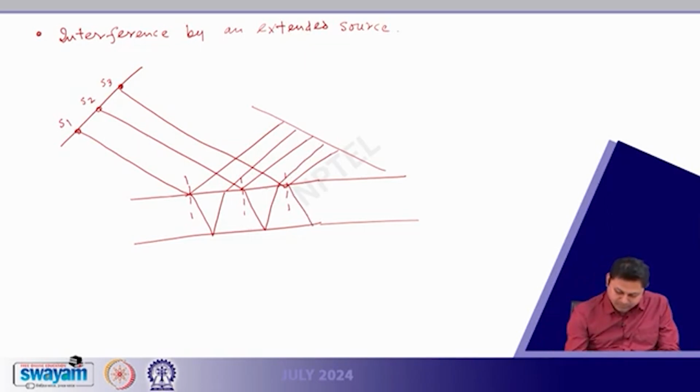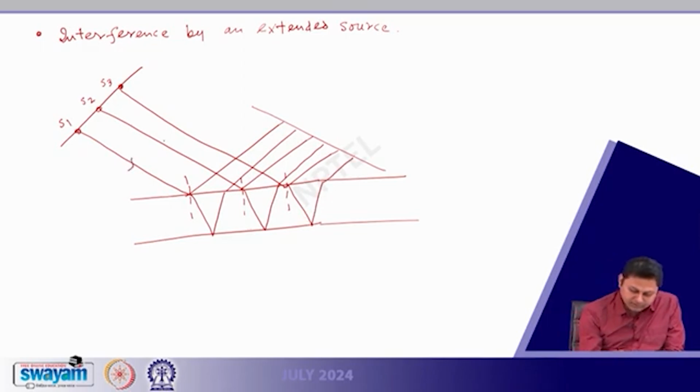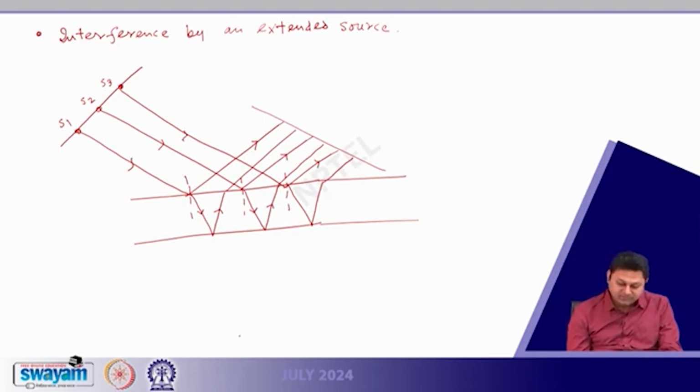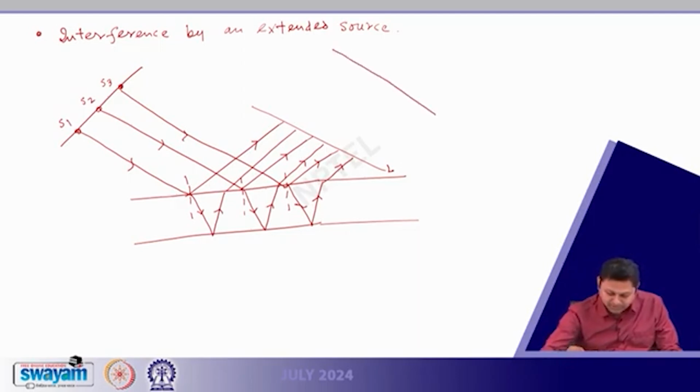The transmitted ray also gets reflected by the lower surface and comes up again, and suppose this is a lens L, where we are going to see the interference pattern.